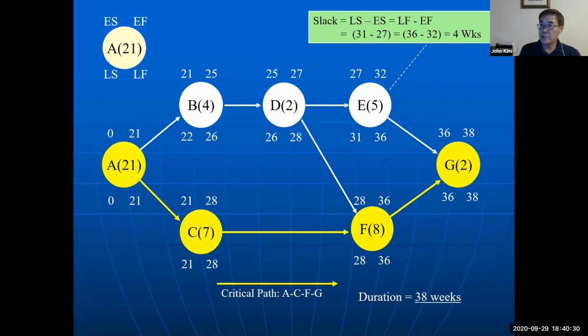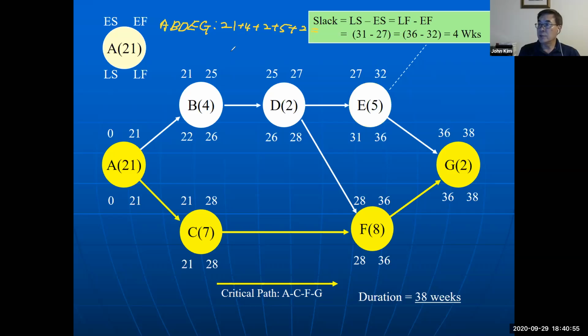The first one is this way: A, B, D, E, and G. That is 21 plus 4 plus 2 plus 5 plus 2 equals 34.